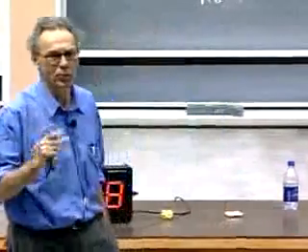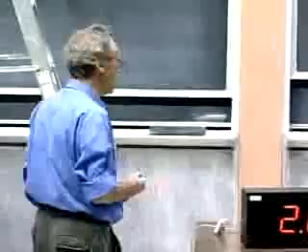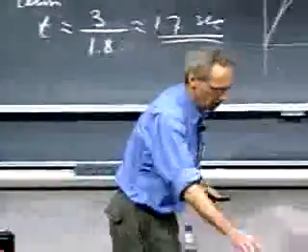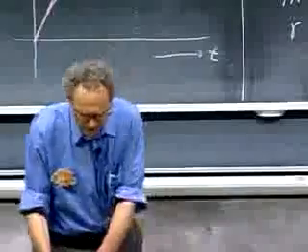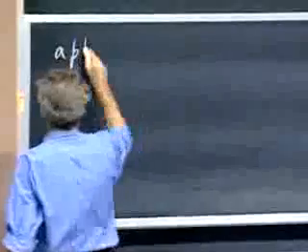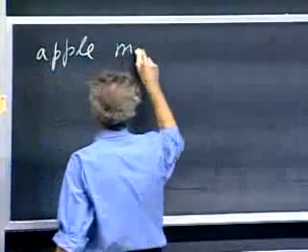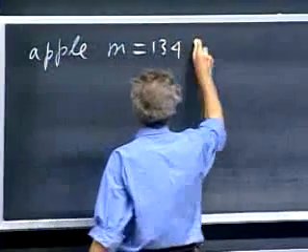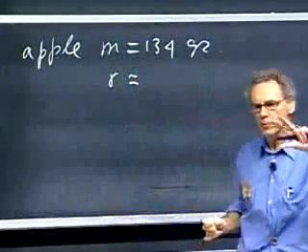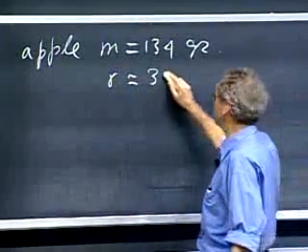Was it a responsible thing for us to ignore that? The apple has a mass of 134 grams. It's easy to weigh, of course. So this was our apple during our first lecture. m is 134 grams. It's almost a sphere, really. Not quite, but almost a sphere, and the radius is about 3 centimeters.